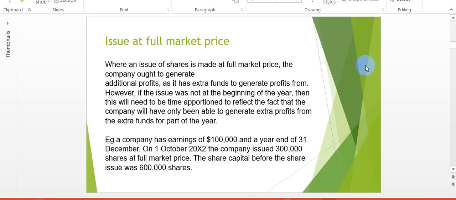So, for example, if a company has earnings of 100,000 and it has a year end of 31st December, it decides to issue new shares on 1st October 20x2.